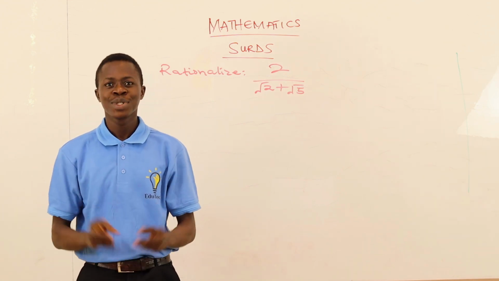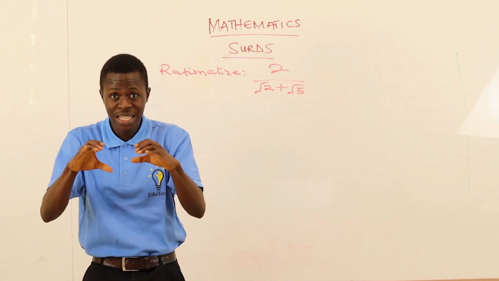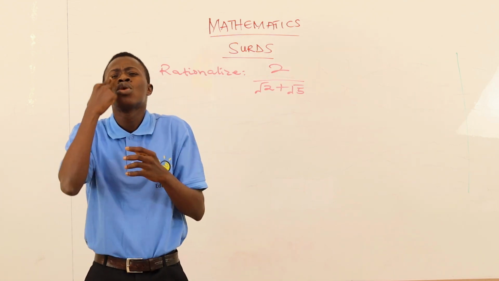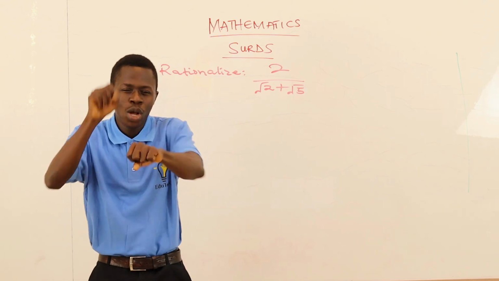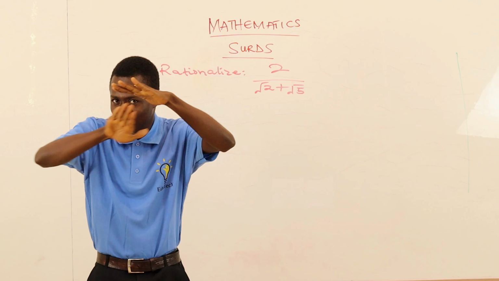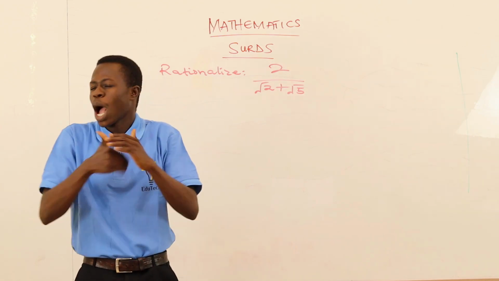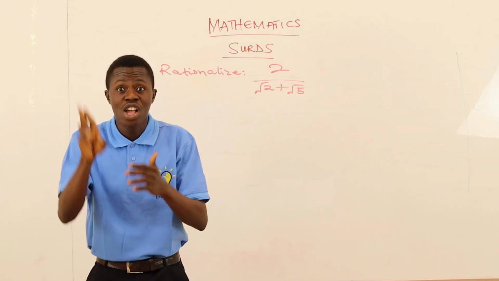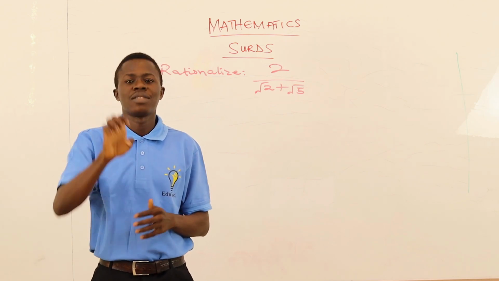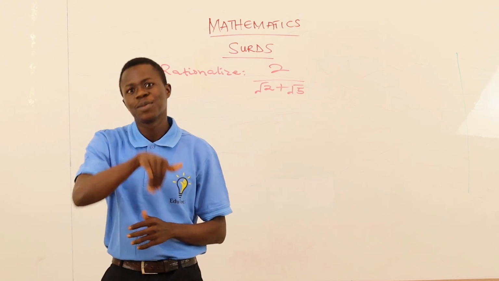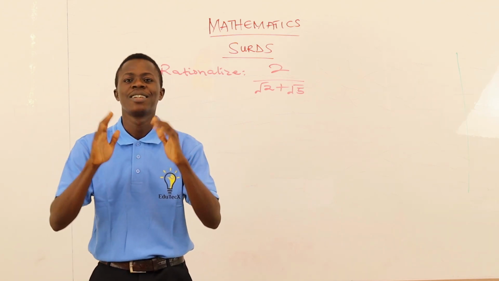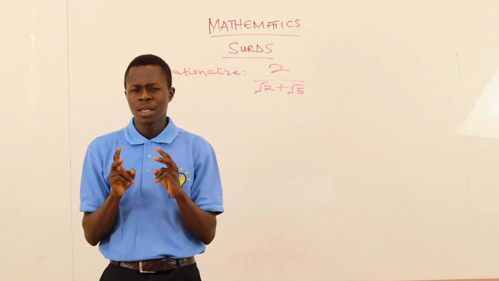So in today's class, our objective is to know how we are going to rationalize a denominator which has two surds. So I urge you to kindly focus in this particular lesson.